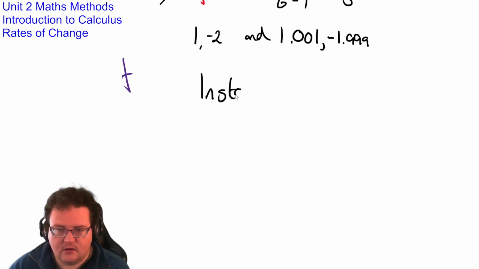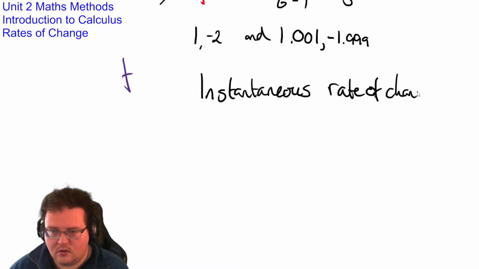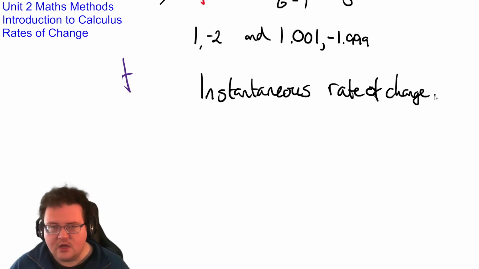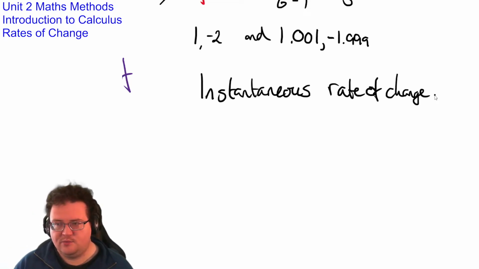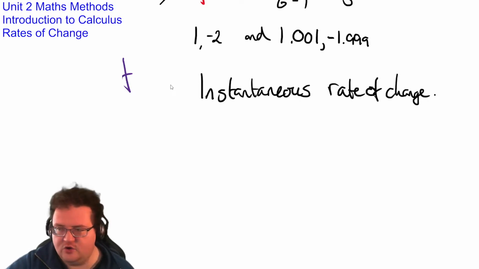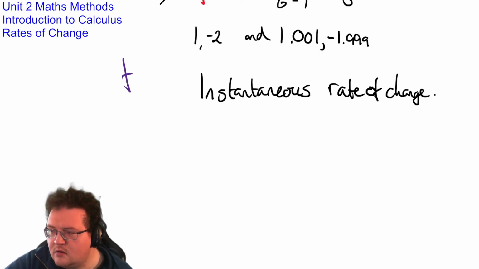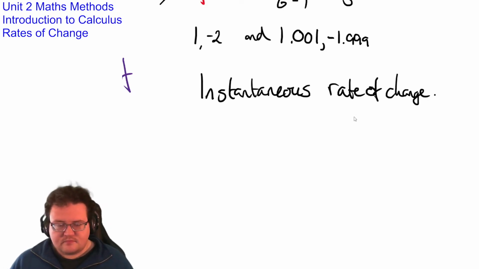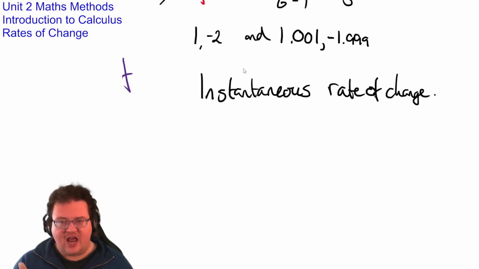So if I was trying to find a gradient between 2 points, it might get to the point where my gradient could be 1, it could be 0.01, it could be 0.021 or whatever. It could be really, really small. So you've got constant rate of change, you've got average rate of change, and you've got instantaneous rate of change.